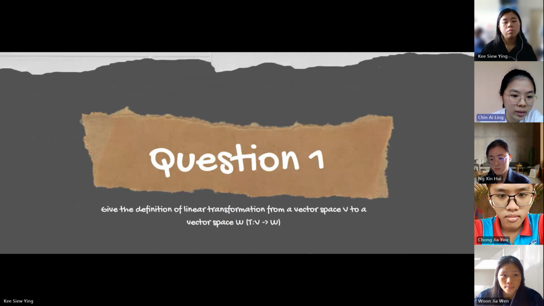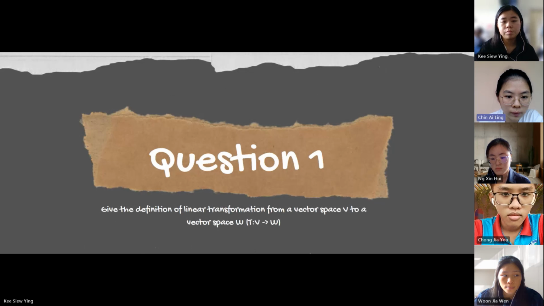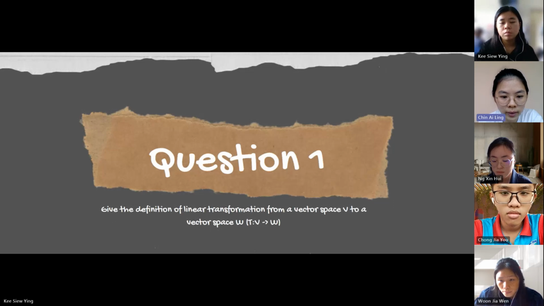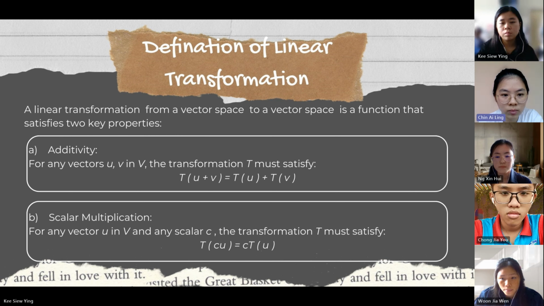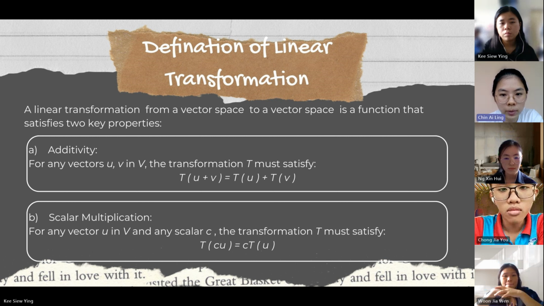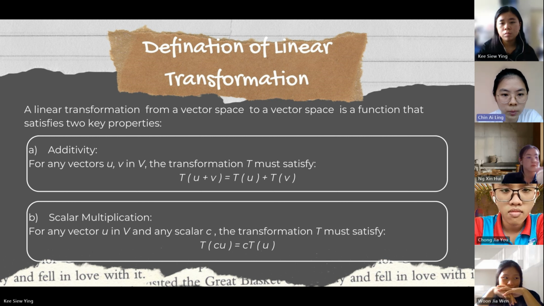Question 1. Give the definition of the linear transformation T from vector space V to a vector space W. A linear transformation T from vector space V to vector space W is a function that satisfies two key properties. The first one is additivity.